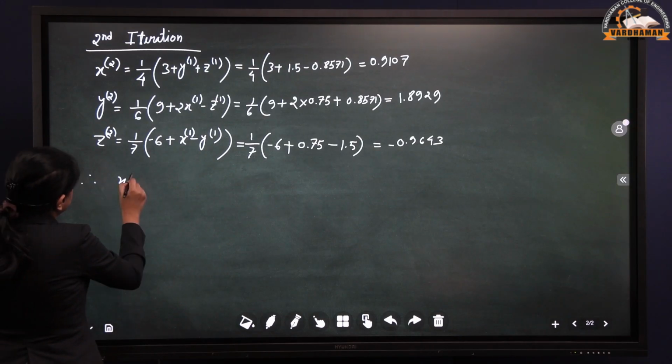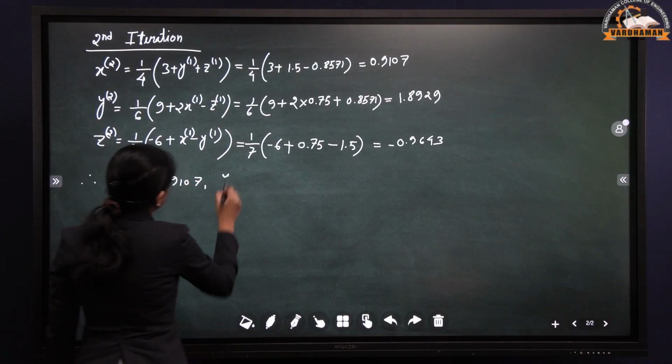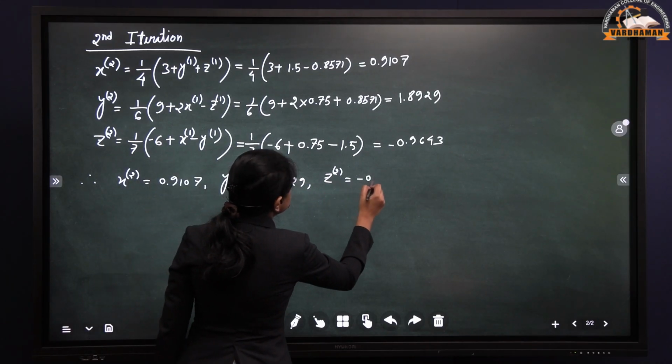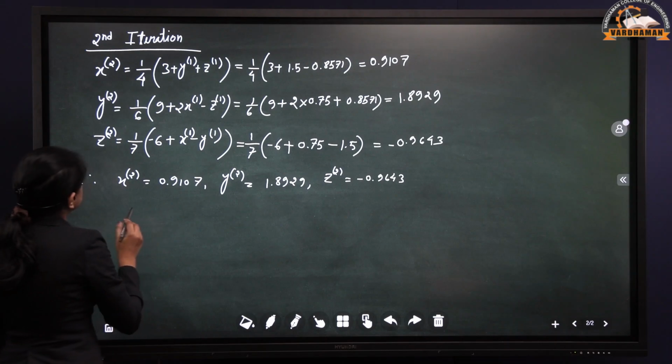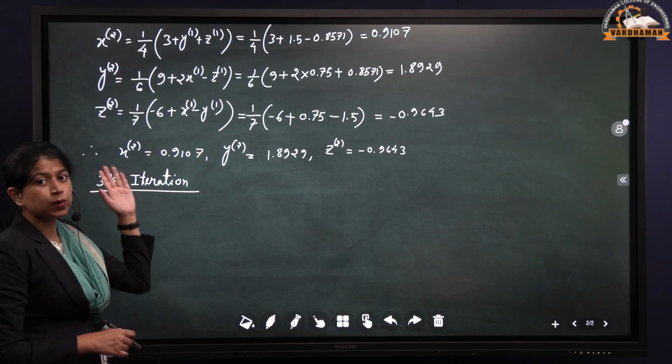So we have x2 0.9107, y2 1.8929 and z2 minus 0.9643. Now third iteration. So how we will get the third iteration? We will substitute this x2, y2 and z2.